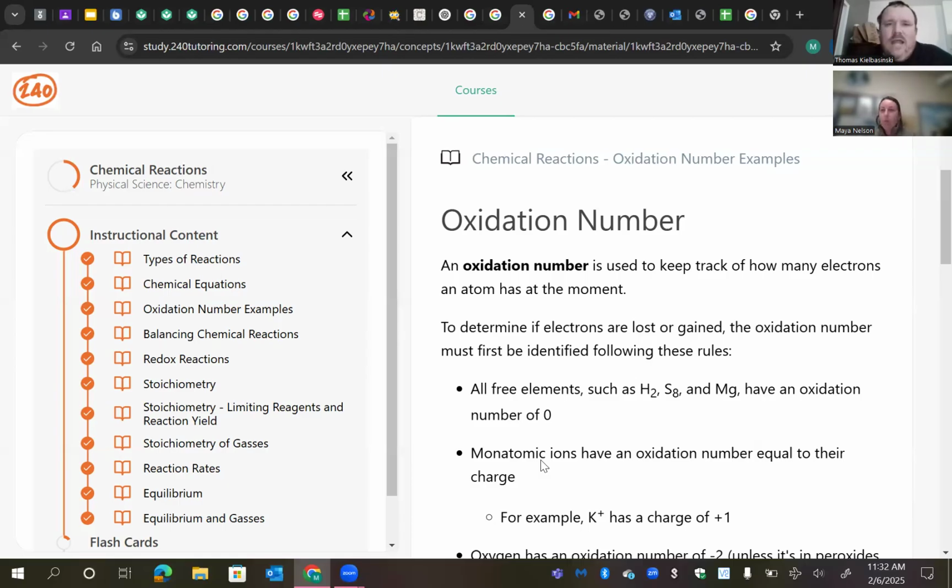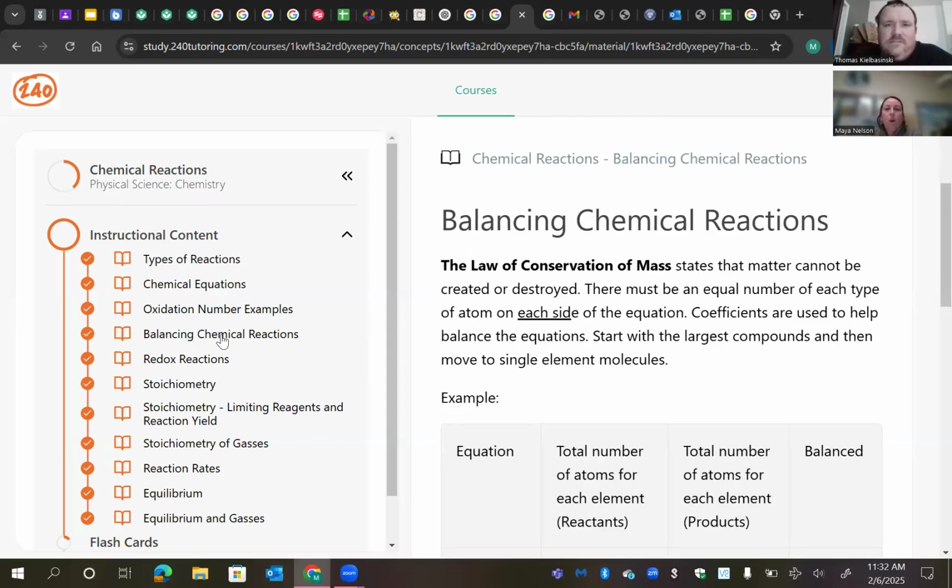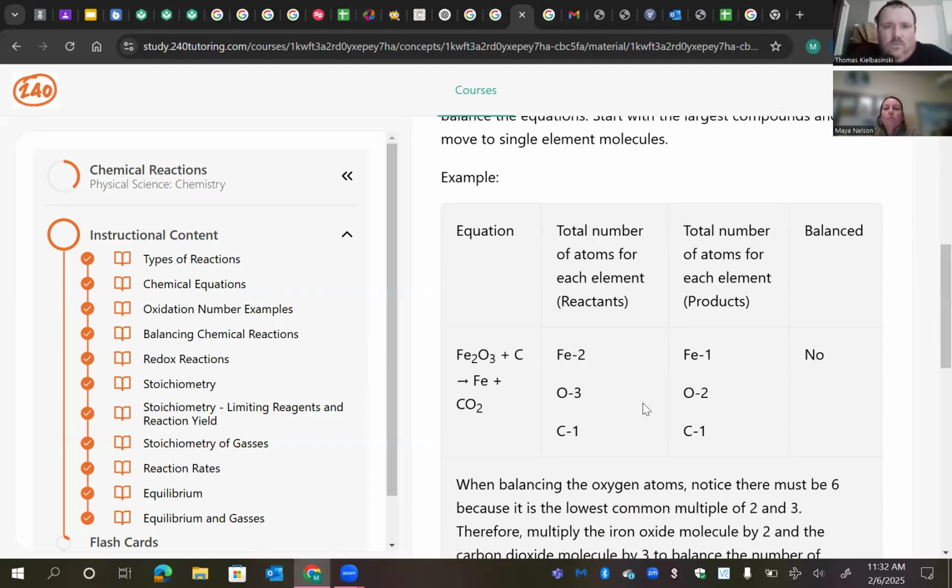Every chemical reaction will have a different result and equation number. Do you know about oxidation number? Yes, it's just different types of problems with different types of combinations of chemicals.